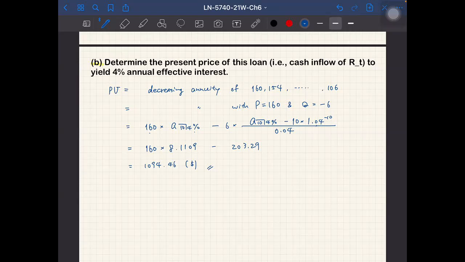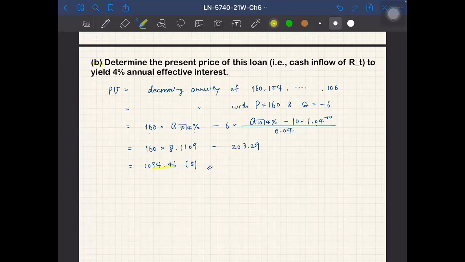They can charge the higher interest, and that profit amount is $94.46. That's why if interest goes down, the bank makes a profit.